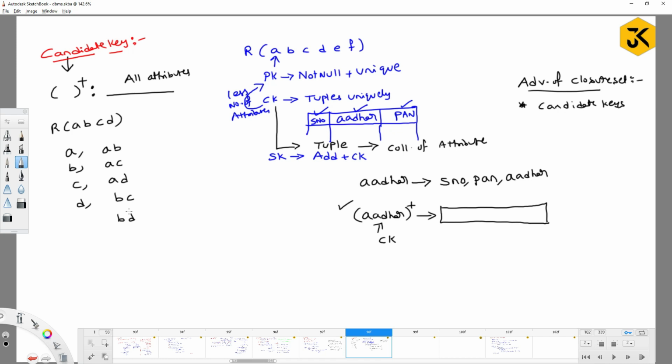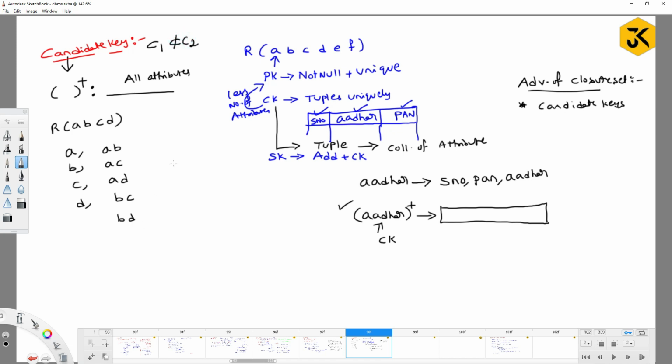I think you forgot the concept, right? A candidate key means what? It is going to identify unique tuples, okay, and it should be a minimal set. Means if I say it is a candidate key, one candidate key should not be a subset of another candidate key.